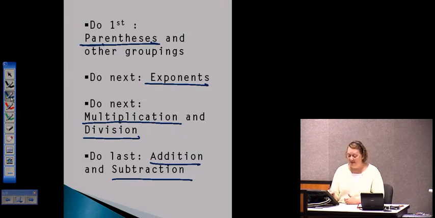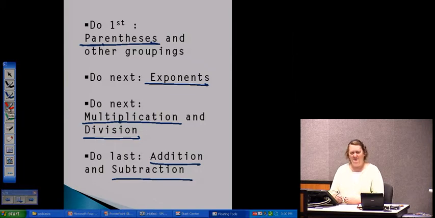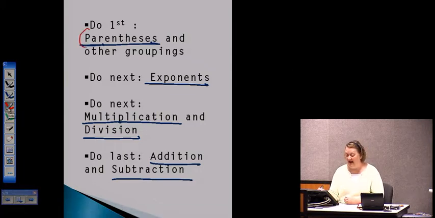But for this lesson and for this purpose, I'm going to identify the P, the E for exponents, the M and the D for multiplication and division, and the A and the S for addition and subtraction. Parentheses, exponents, multiplication and division, addition and subtraction.